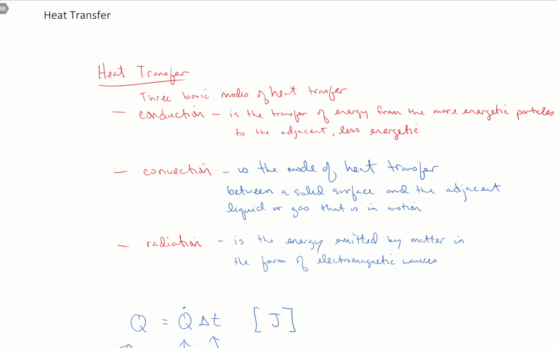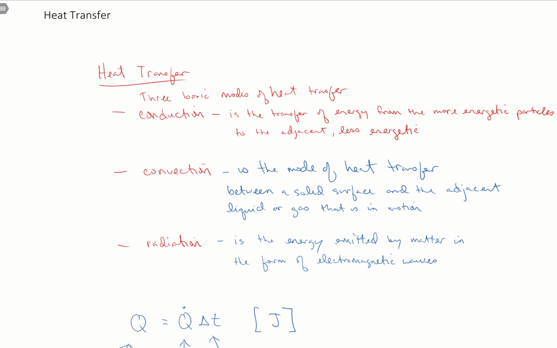The other mode of heat transfer is convection. Now, convection is the mode of heat transfer between a solid surface and an adjacent liquid or gas that is in motion. So that's important, that last part, that the fluid should be moving, okay?